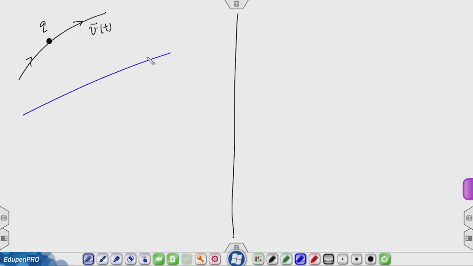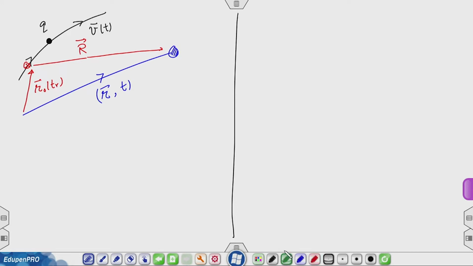Here is vector r, where I want the potential at time t, and from the retarded position to this point is the vector capital R, and this position is r naught at t retarded.